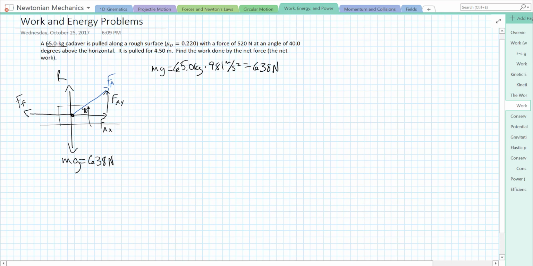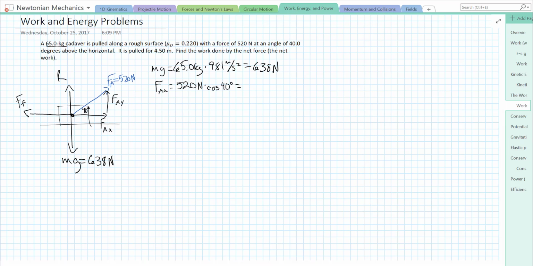My applied force is 520 newtons. So I can find the components of that applied force. The x component is just going to be, since it's the adjacent leg, cosine, so 520 newtons times cos of 40 degrees, which is 398 newtons.